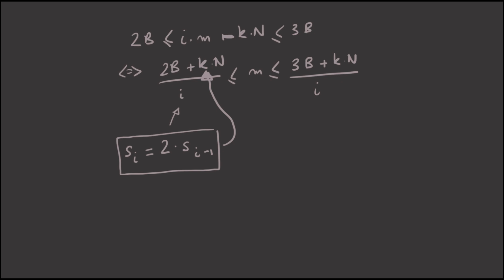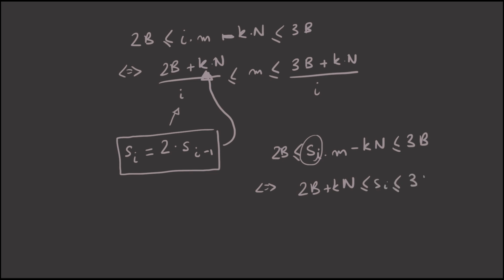We also know that if we want IM, or here I'll call that SI now with the Bleichenbacher's formula, minus Kn to be PKCS compliant, then we have to bound SI, and we can do that easily by doing 2b plus Kn greater than SI, 3b plus Kn over m, right?